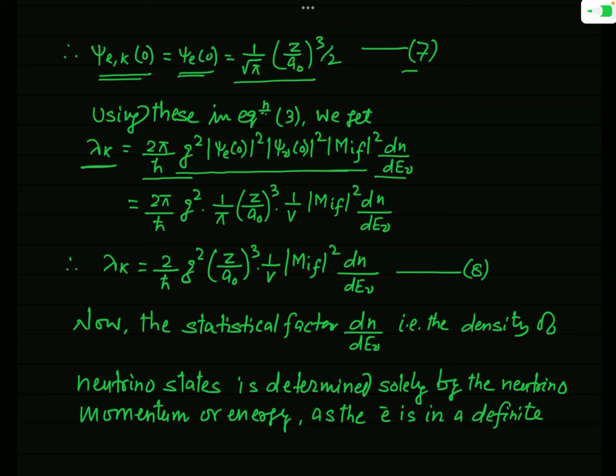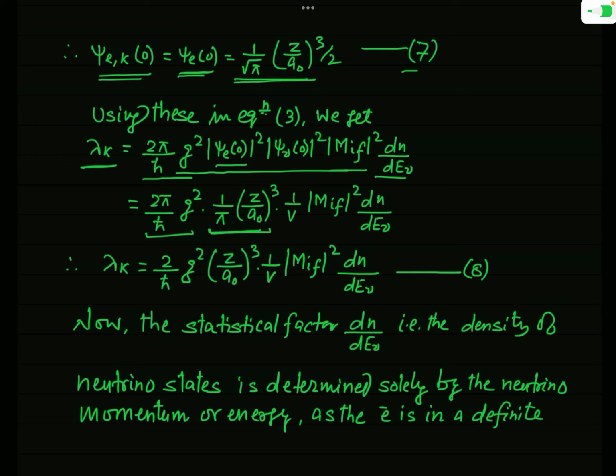Now substitute the value. 2 pi over h bar times g square is as it is, and for mod of psi e 0 square I have written 1 over pi times z over a naught whole to the power 3, because psi e of 0 is defined in equation 7. When you square it, this will be 1 over pi z over a naught whole to the power 3.